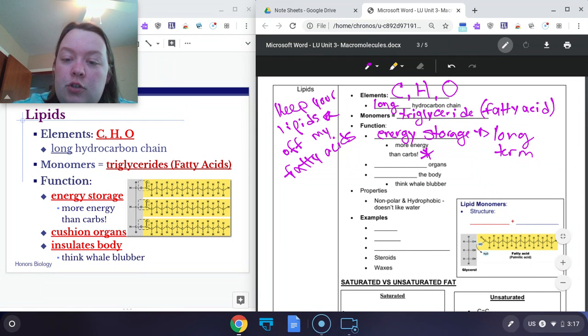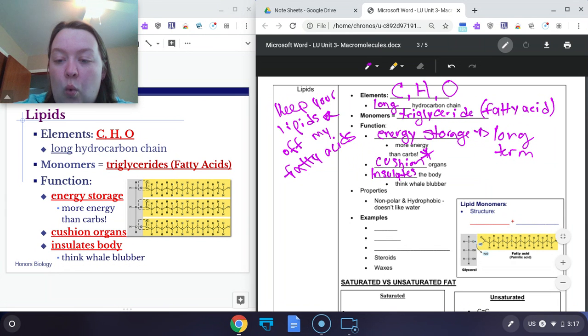Lipids are also used to cushion organs, so protection of organs, and it insulates the body. That means keeps your body warm, like whale blubber would keep whales warm.